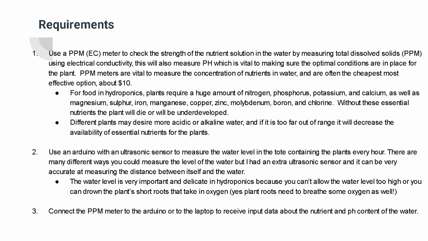These are vital to measure the nutrients in the water, and they're often the cheapest option. It's important to measure this because plants require a huge amount of nitrogen, phosphorus, potassium, and calcium in the water. And different plants might want more acidic or alkaline water.